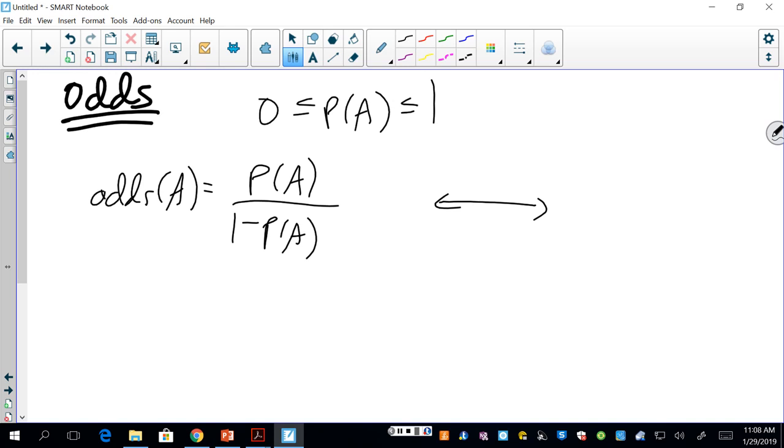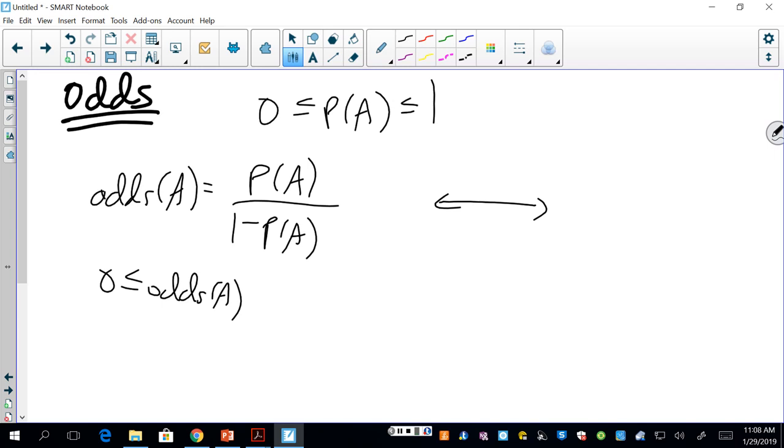What's the smallest it can be and what's the biggest it can be? 0 to 1? Well, it could be 0. If the probability of A goes down to nearly 0, this can be 0. If A goes to 0, then the denominator is going up towards 1. So you're getting basically 0 over 1.